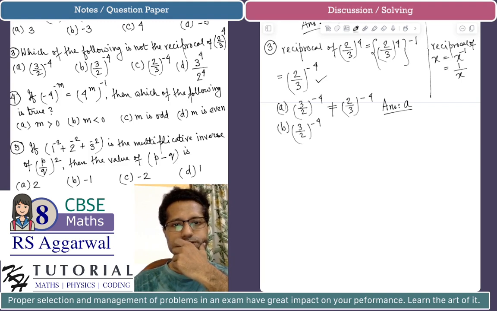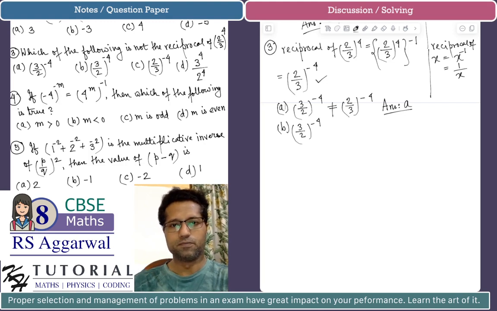Wait a minute, the reciprocal of (2/3) raised to the power 4 is definitely (2/3) raised to the power minus 4. Okay, what is B? Oh, A and B are the same choice. So okay, there is a mistake.